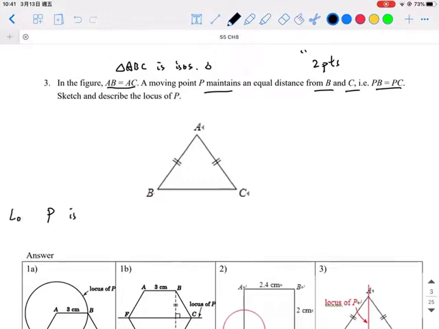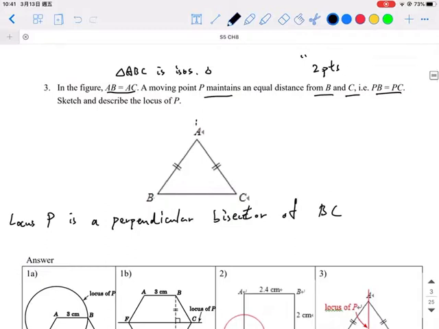The locus of P is a perpendicular bisector of BC. Just write down here. Draw the right angle and mark it down. So that's the end of question number 3.